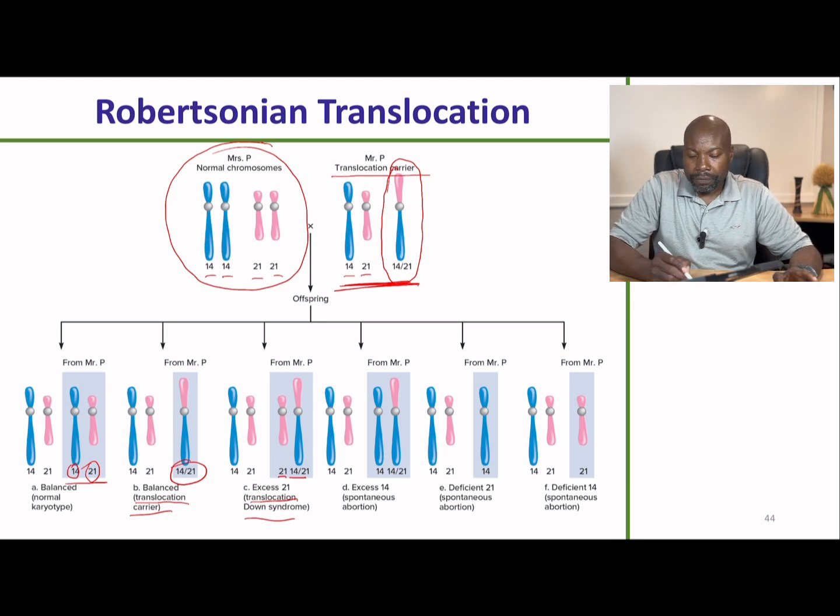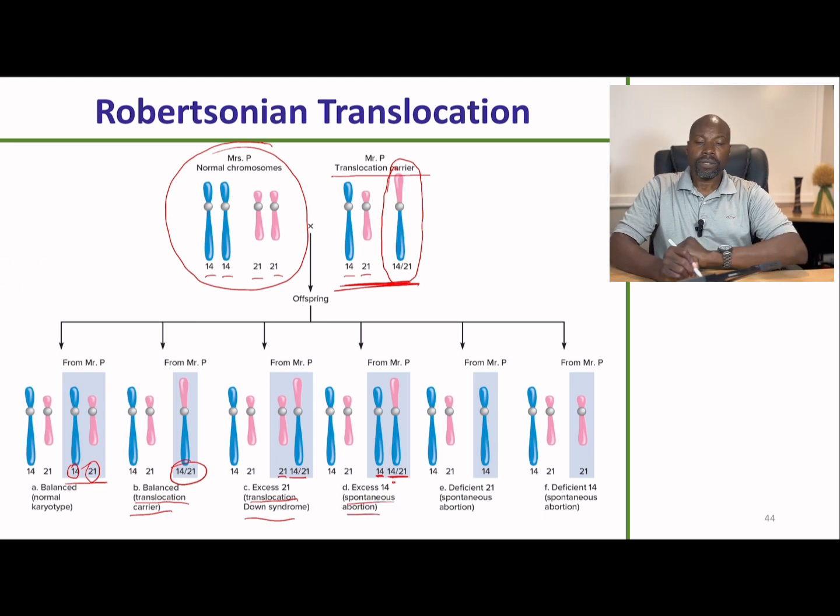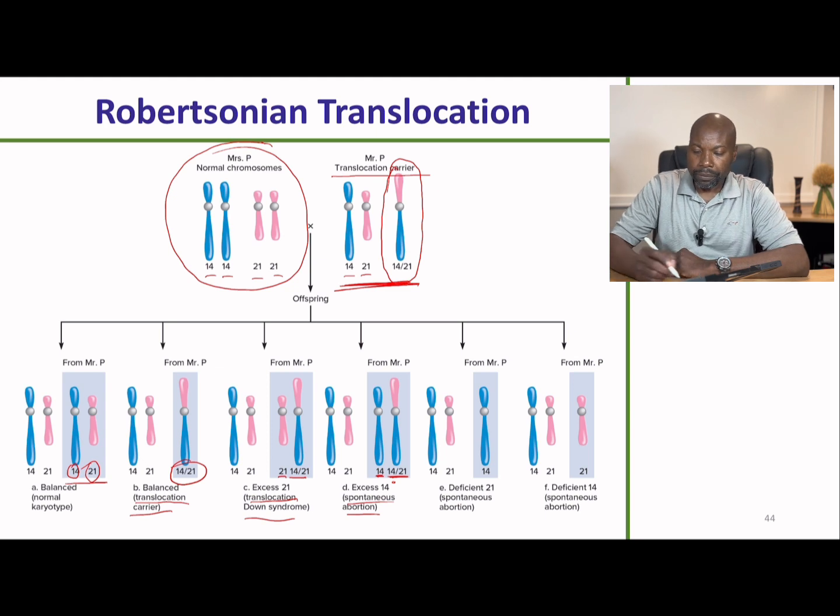We can have chromosome 14 and translocation of 14;21, okay? A fertilized egg with this sperm cell is going to lead to spontaneous miscarriage.